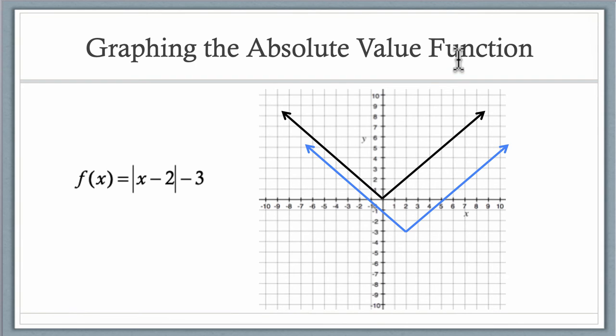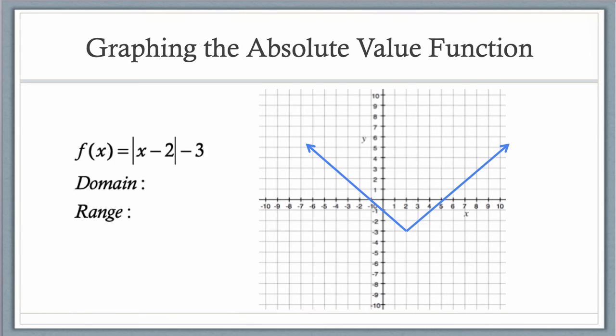So I have from 0 all the way to infinity. Now that I've shifted my graph, I've shifted my y values by moving my graph downwards 3 spots. That means that the smallest y value I can have is actually negative 3. So my range is from negative 3 all the way to infinity.